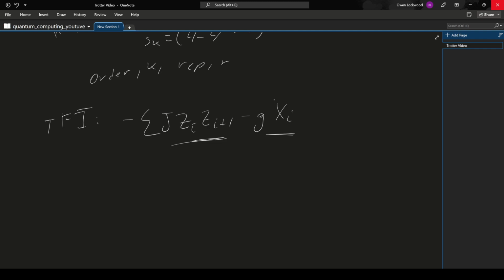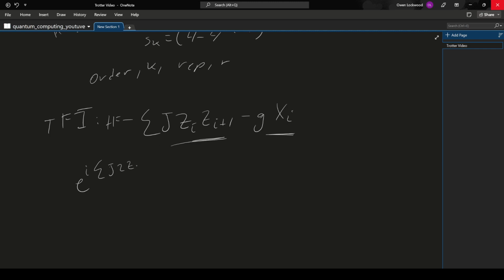And as you change this parameter, you can see very interesting things happen, phase changes, localization, lots of interesting things that are hopefully to be discussed later. But basically, this is our Hamiltonian. So we want to construct e to the negative i, well, I guess plus i, because we have a negative sign out front, i sum of J Z.